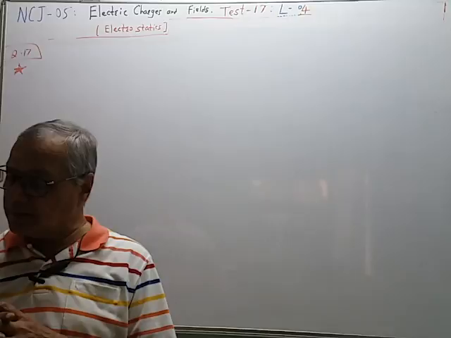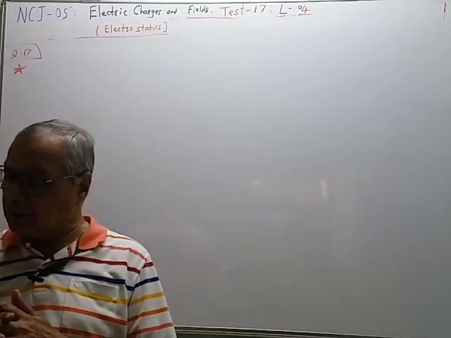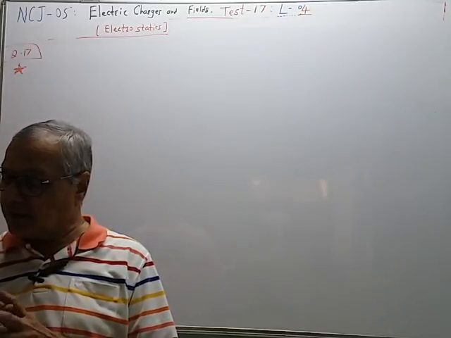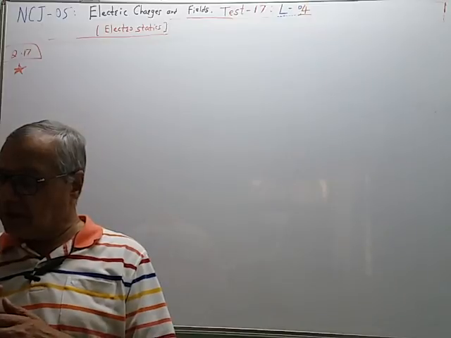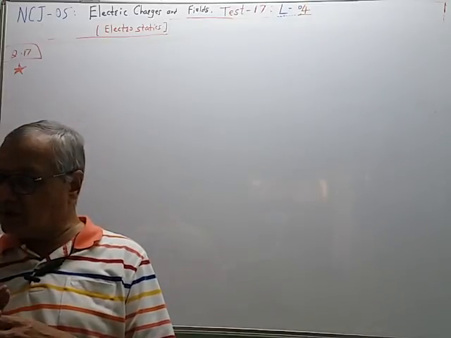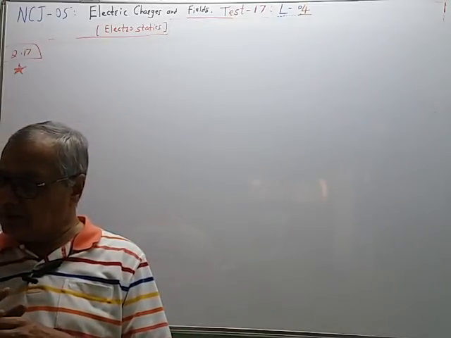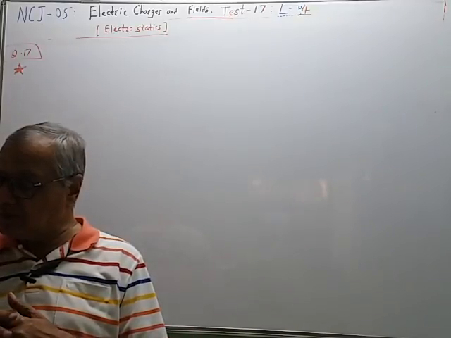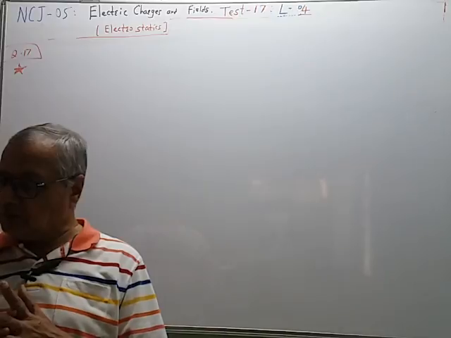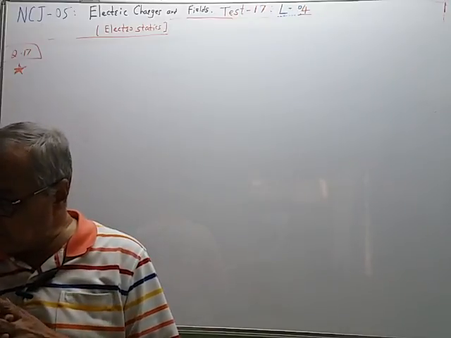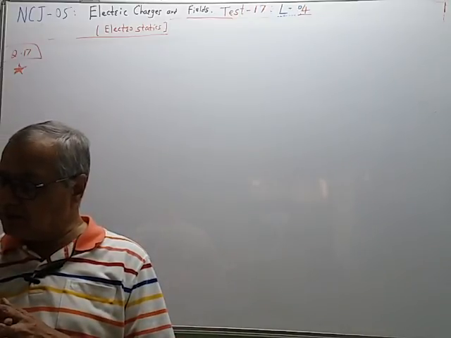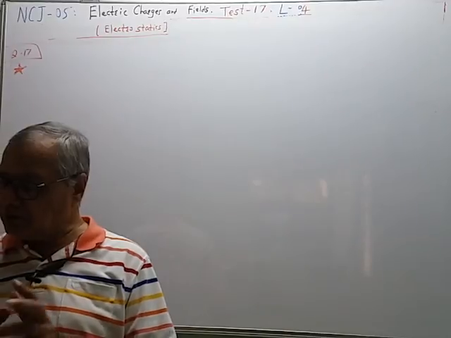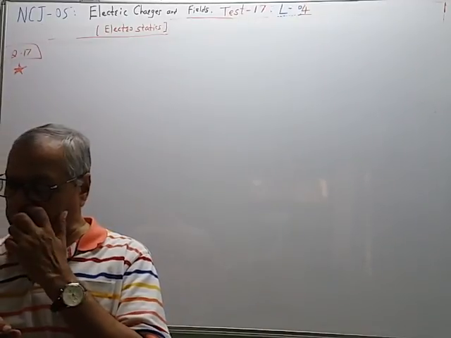SHM on a frictionless surface with frequency nu0. The block carries a charge plus Q on its surface. If now a uniform electric field E is switched on as shown, then the SHM of the block will be: A, of the same frequency and with the shifted mean position; B, of the same frequency with the same mean position; C, of the changed frequency with shifted mean position; D, of the changed frequency with the same mean position.